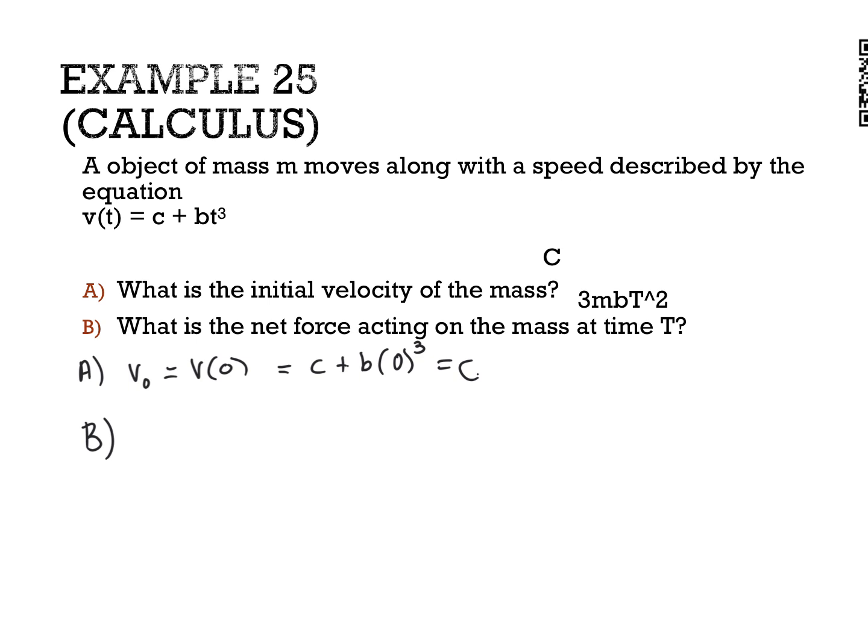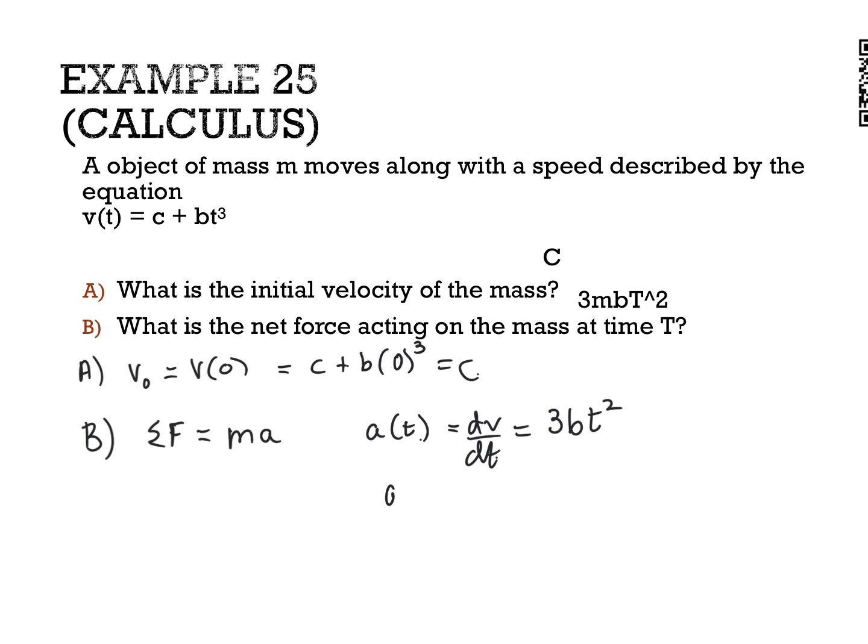Net force acting on the mass at time t. Net force is going to be what? Mass times acceleration. So the first thing we need to know is the acceleration. The acceleration at t is equal to dv dt. So dv dt is going to be 3b t squared.